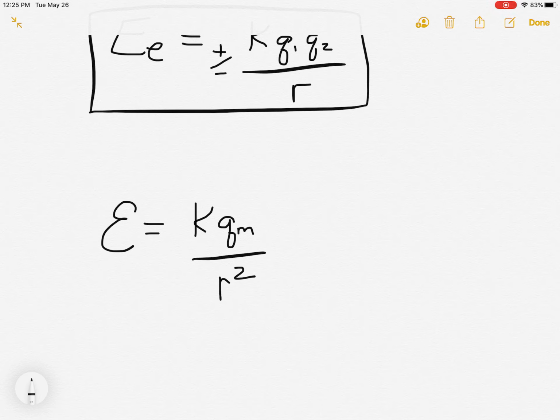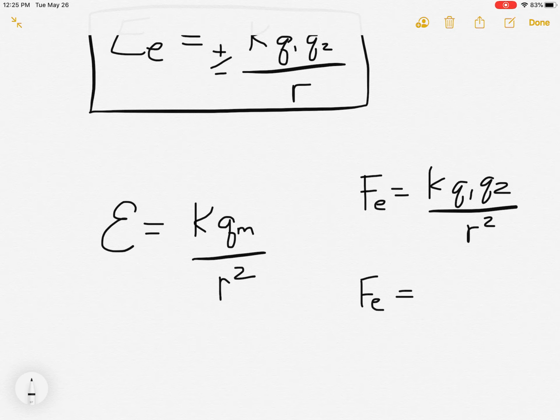This one is squared, remember, because this comes from the force equation.